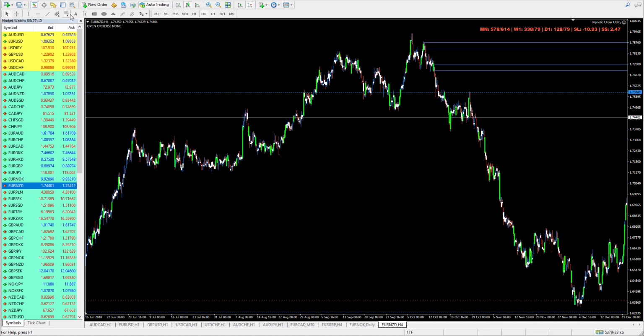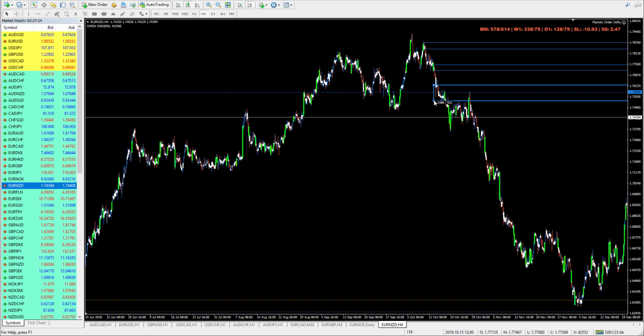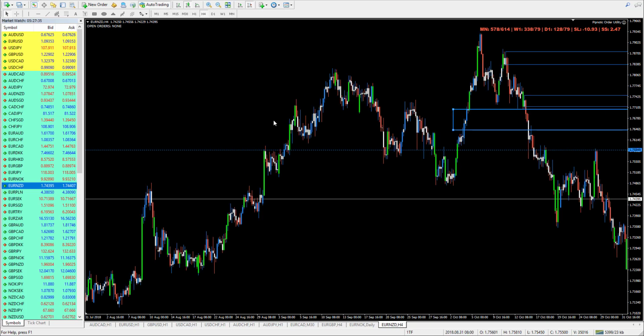Okay, so we have this. We'll mark off the whole area because we have a parent and a child. Tested once, twice, 3 times it's gone. Price went up here. Tested. Price has been here. If we look here, right there, we're going to cover both of them because they're kind of on top of each other.